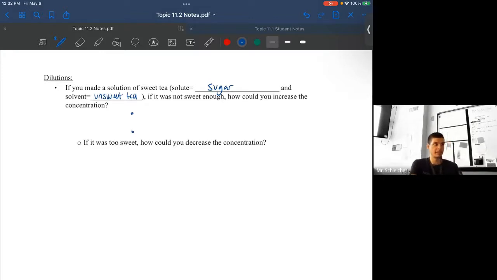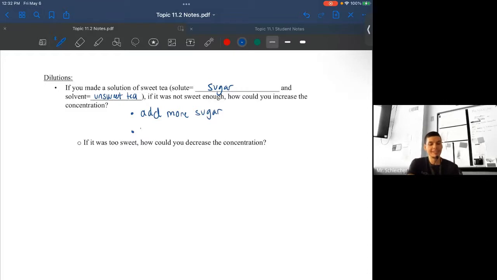Probably two ways here. We can increase the concentration of sugar. We can add more sugar to make it sweeter, right? Okay, that makes sense. There's another solution that's probably really inconvenient, but could also work.